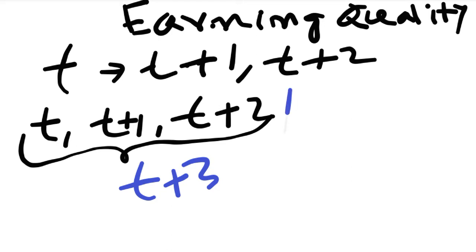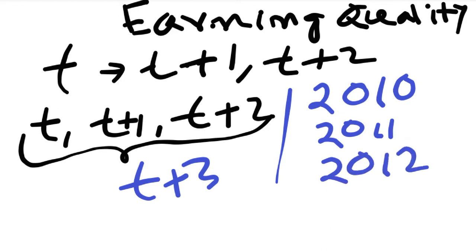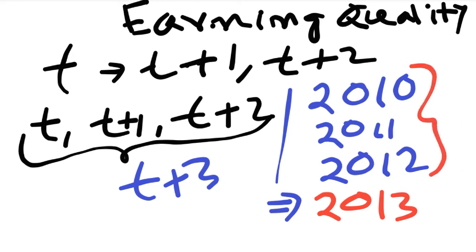For example, if you have earnings for 2010, 2011, 2012, and you can predict earnings of 2013 from these earnings, and if the prediction is right, meaning the more accurate the prediction is, the higher the quality of earnings. So this is the definition of earnings quality.